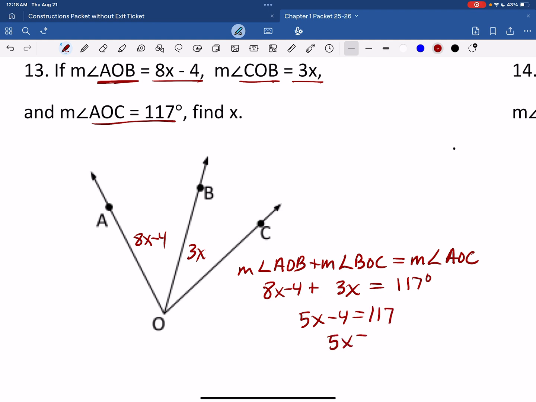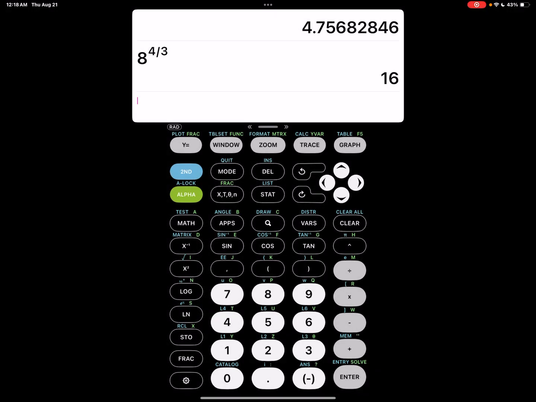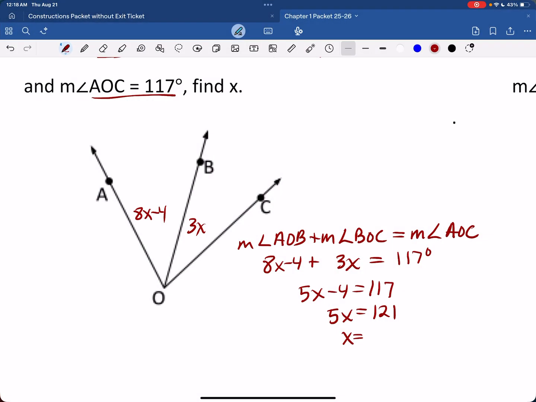So 5x equals 121. And now we need to divide. And so x, using our calculator, right? So let's use our calculator, and we get 121 divided by 5 is 24.2.